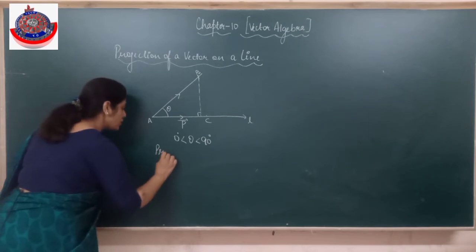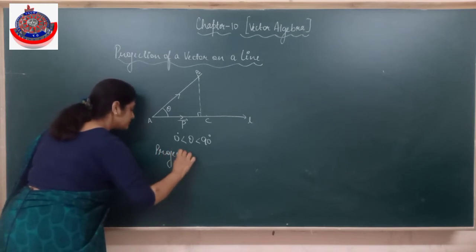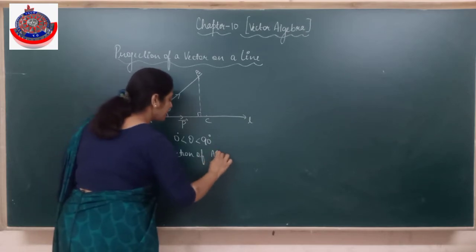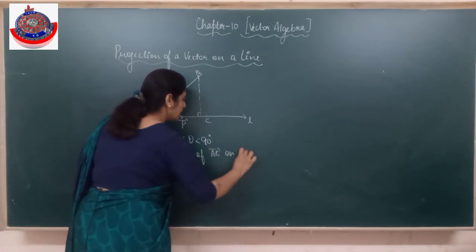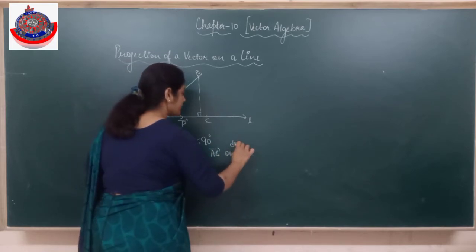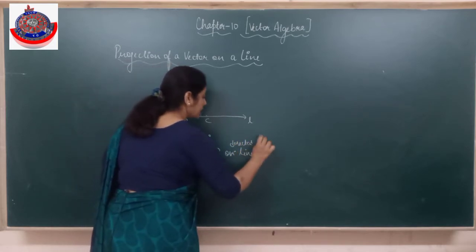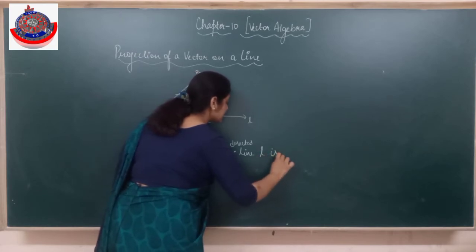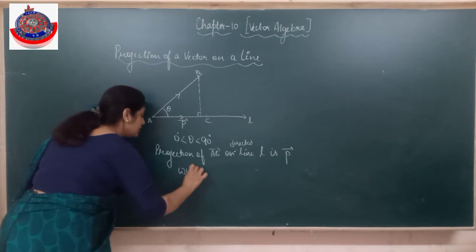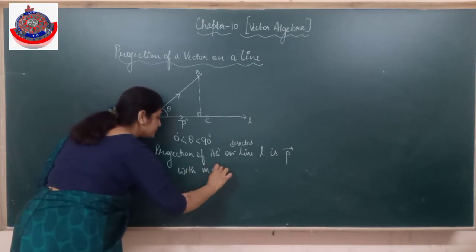The projection of vector AB on the directed line L is the P vector with magnitude.